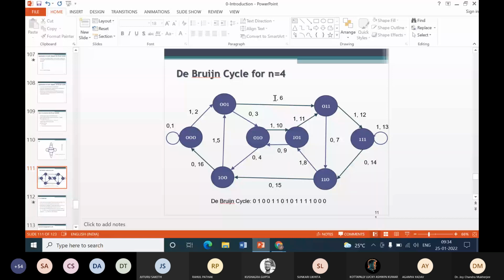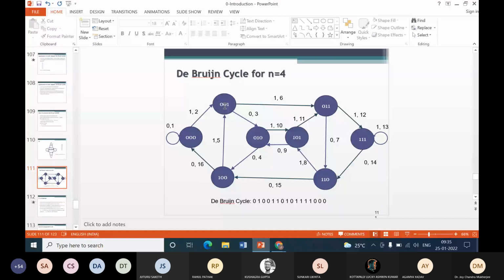If I put a 0 over here, because there are only two possibilities, 0 and 1 bits, then it will come to 0 1 0. So that is why for each vertex the out degree is 2, because the last two bits should be equal to the first 2 bits.